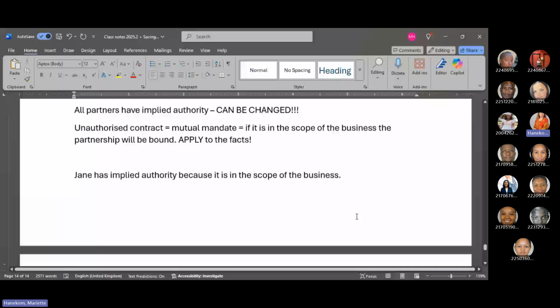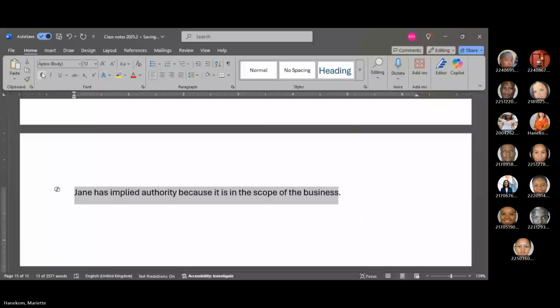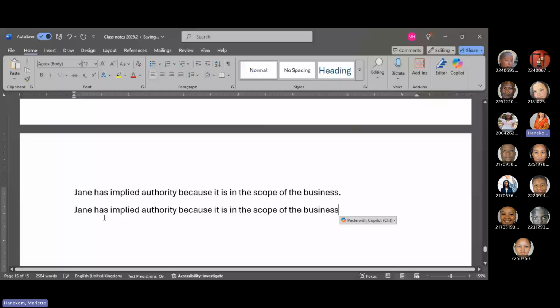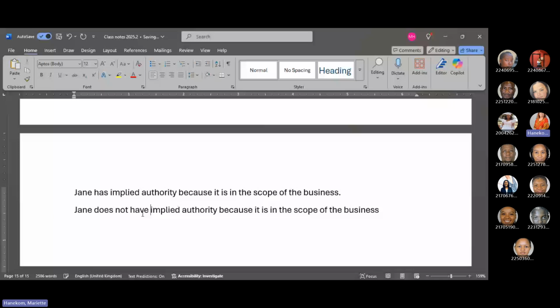A better answer here would be: Jane does not have implied authority, but, or however, because it is in the scope of the business, the partnership is bound.